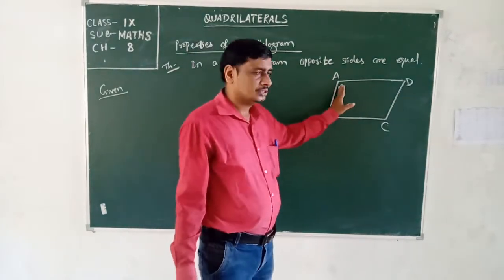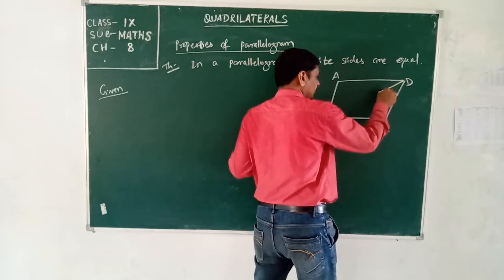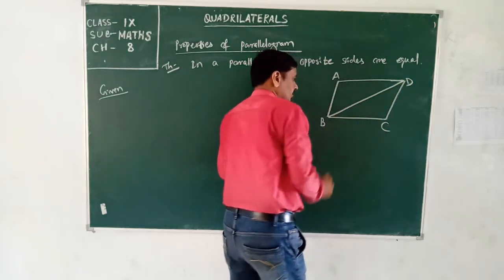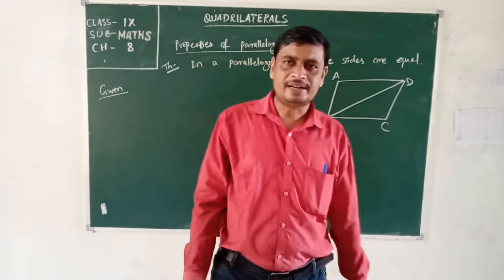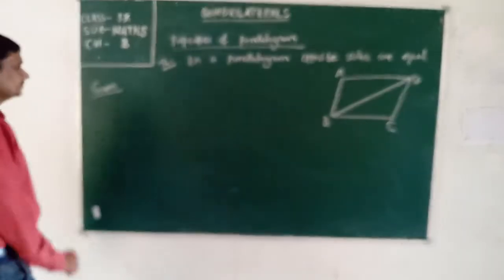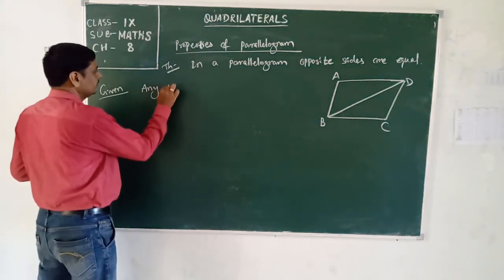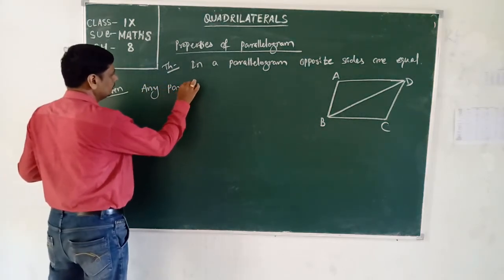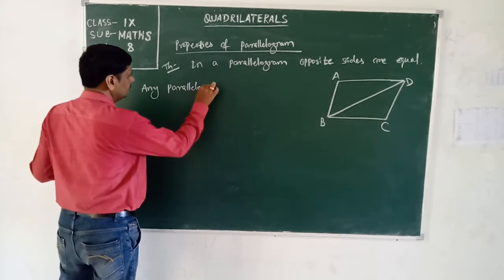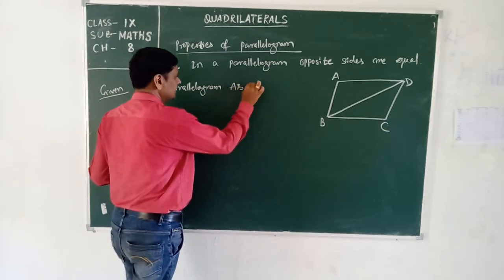Next, we join any diagonal. We have to draw a diagonal of this parallelogram. Let's join BD. Given any parallelogram ABCD.